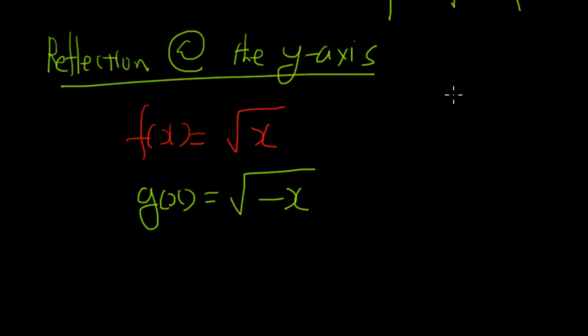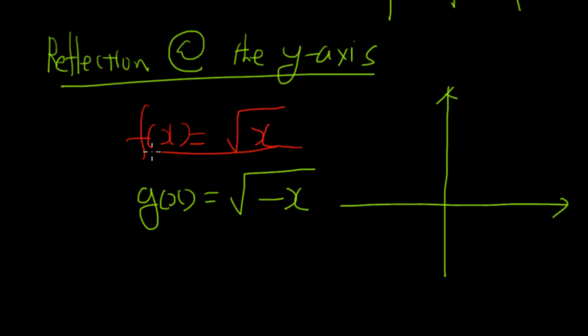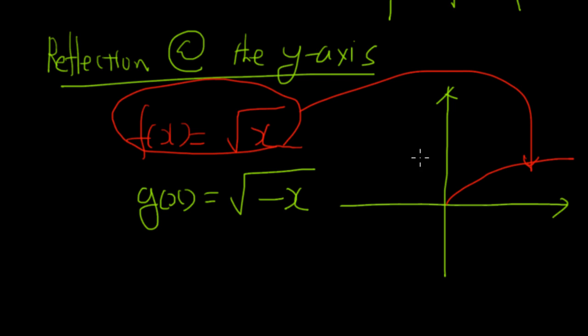Okay. Now, I don't like that line. A little better. So the original f of x was the square root function that we know looks like this, right?